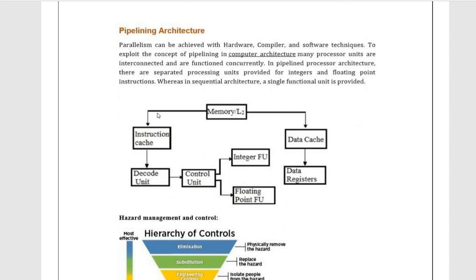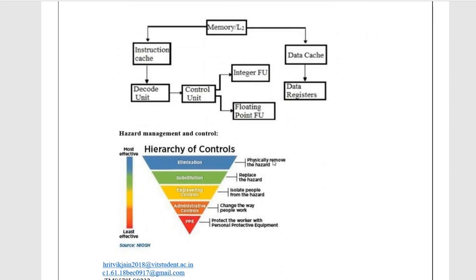And here is the block diagram of the explanation: the memory is there, and it goes to the data cache and data register, and the instruction cache to the decode unit, and to the control unit, and to the integer FU or floating point FU.